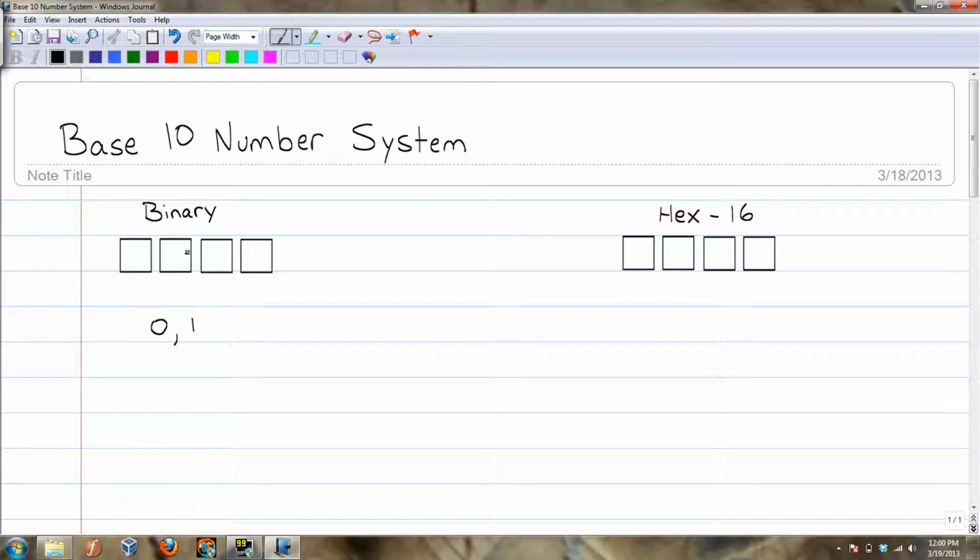So let's see how it's done. If a computer wanted the number 1, it would just put the number 1 over here. If the computer wanted the number 2, though, there is no number 2. So the computer would then have to go into the 2 column and put a 1 there, which means 1 number 2.